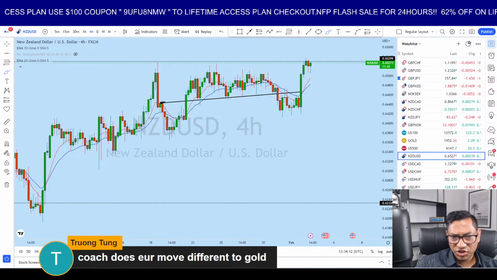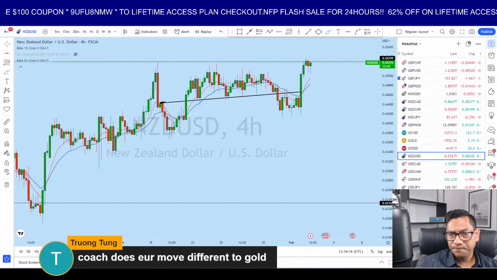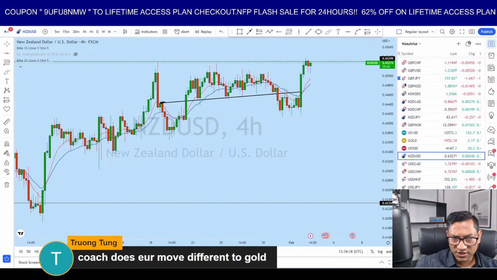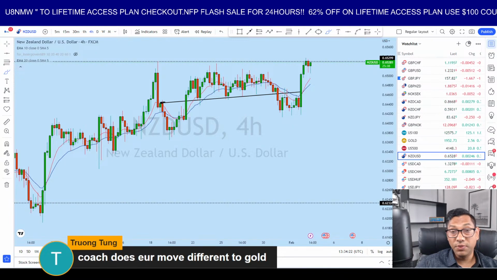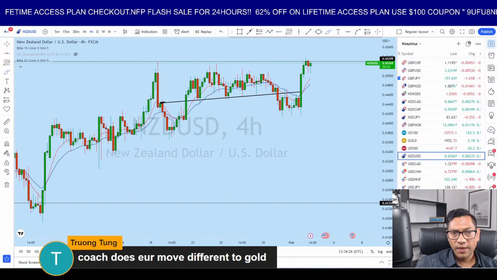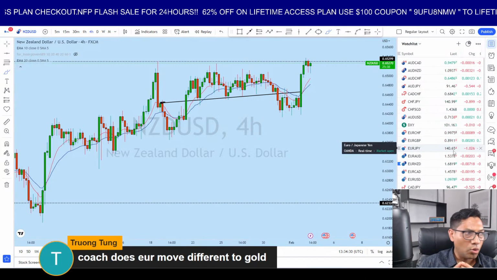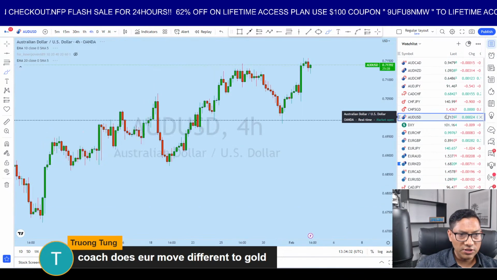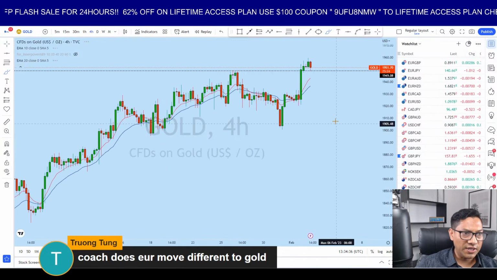Not that much. Mostly gold is very reflective of AUD USD, second of GBP USD, and third of euro dollar. So basically you can almost mirror it closely with AUD USD. See, this is the AUD USD price and this is the gold price, exactly the same mirror.